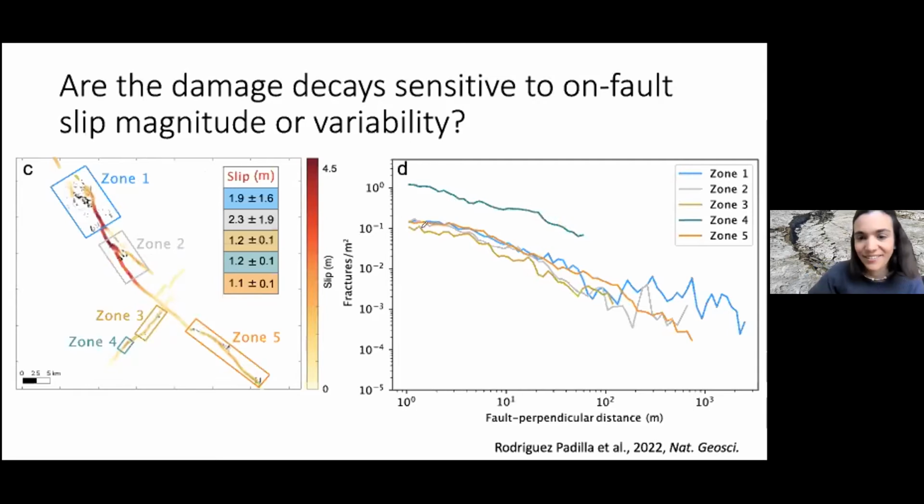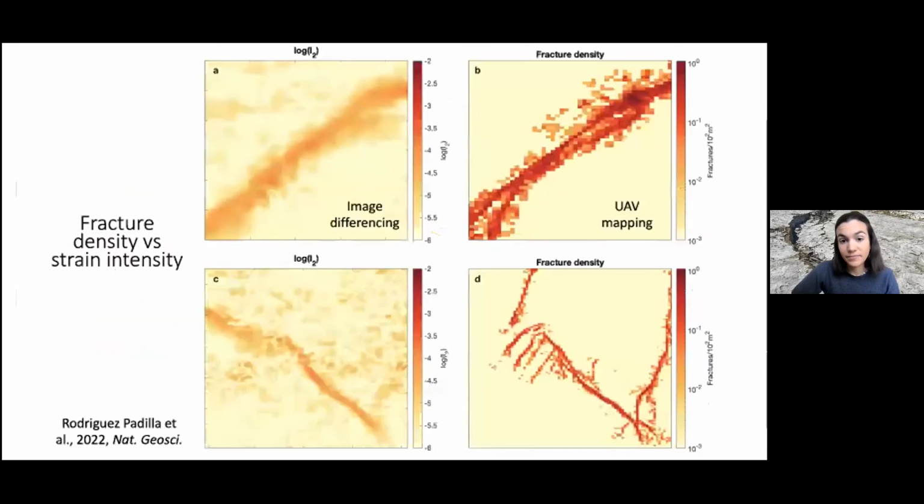And you can see here that there's not really a correlation between the overall fracture density and slip magnitude. There is variability in fracture density, right, in that intercept, but that actually doesn't correlate. The high fracture density area doesn't correlate with the area of the highest slip. So overall, we find that there's no correlation between the shape of the plots or the absolute fracture density and slip or slip variability. And I should note that this is for slip at the surface only, though.